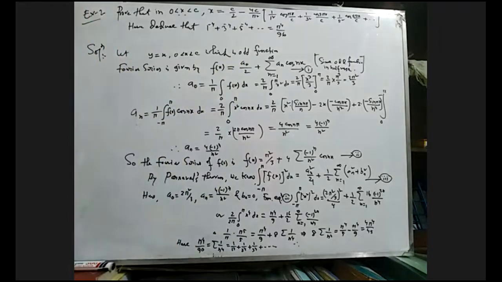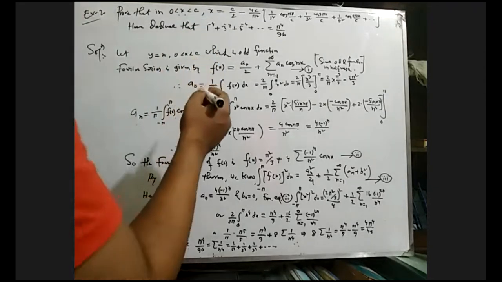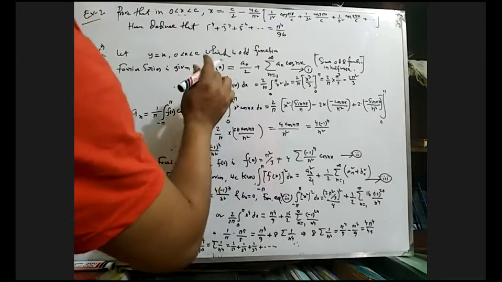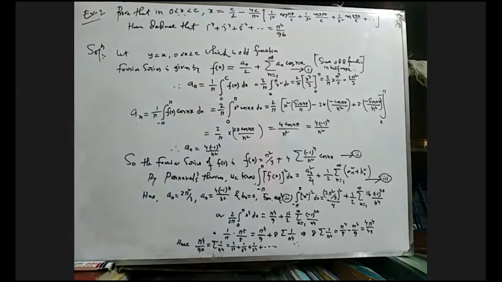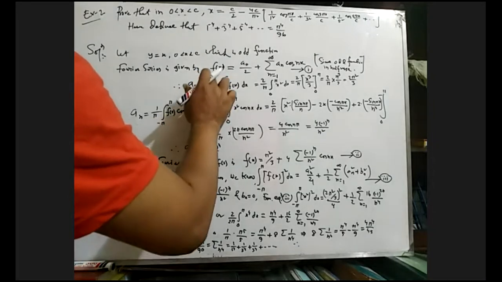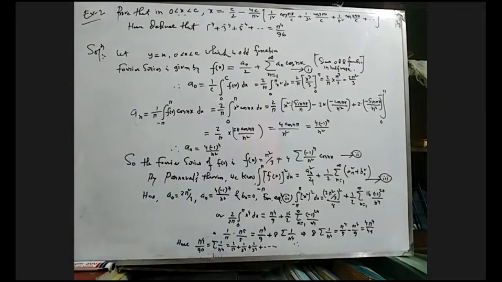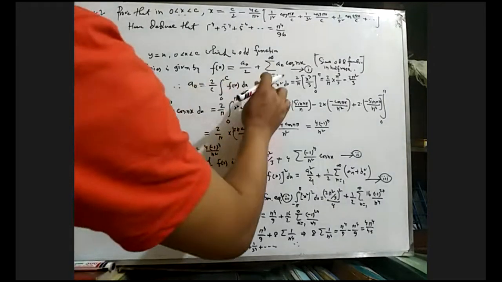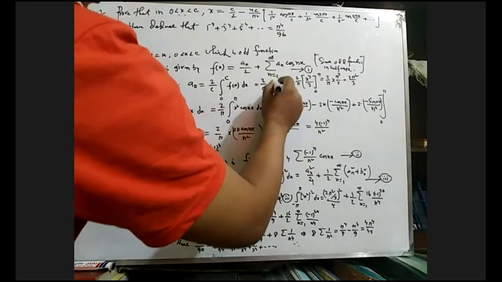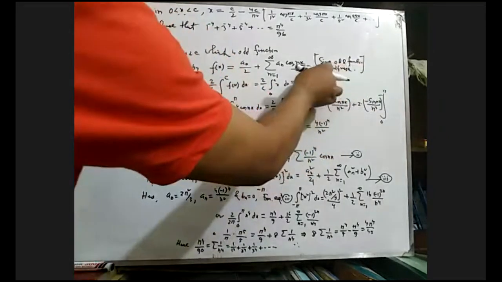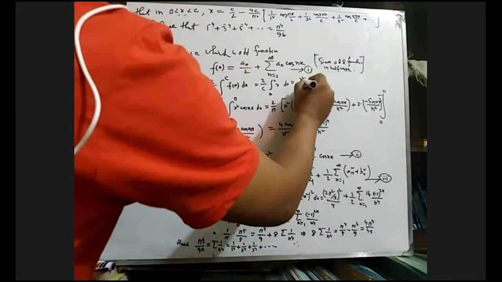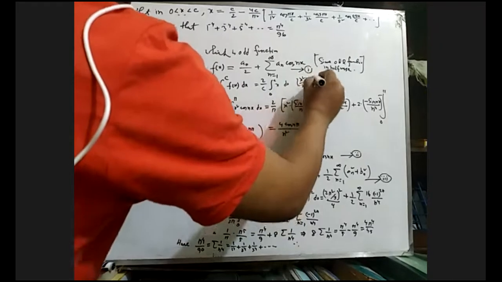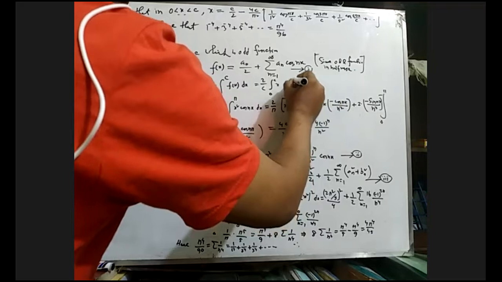So a naught equals 1 by pi, 0 to c. According to the formula for half range in an arbitrary period, it is 2 by c, integral 0 to c of x. The integration of x is x square by 2, from 0 to c, and multiplied by 2 by c.